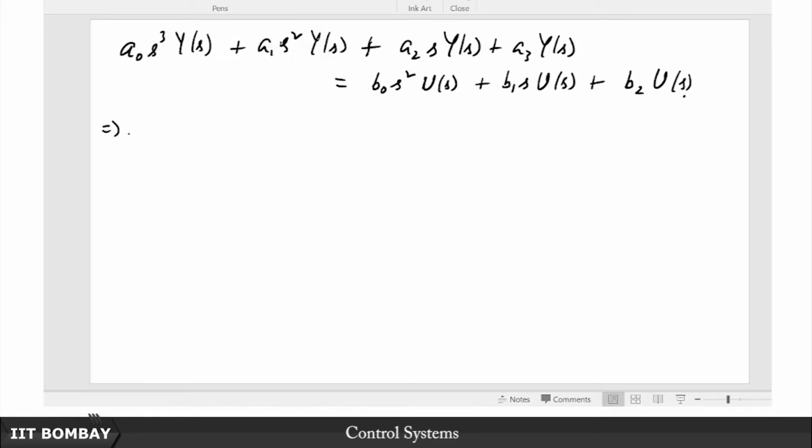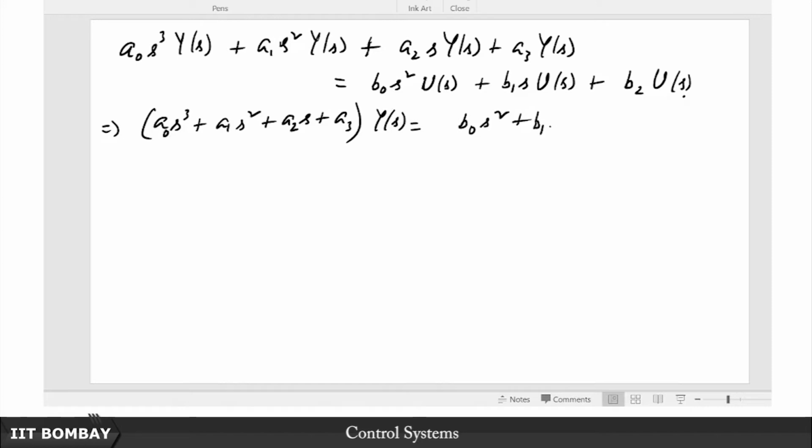In other words, collecting similar terms together, we can write this as (a0 s cubed plus a1 s squared plus a2 s plus a3) times Y(s) is equal to (b0 s squared plus b1 s plus b2) times U(s).